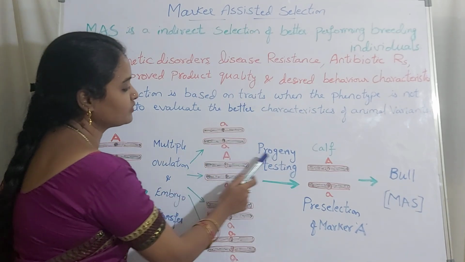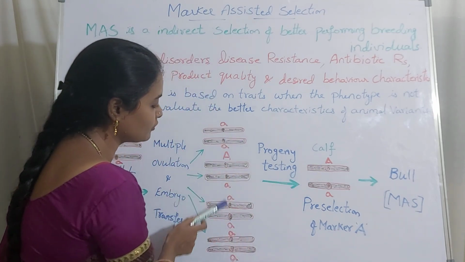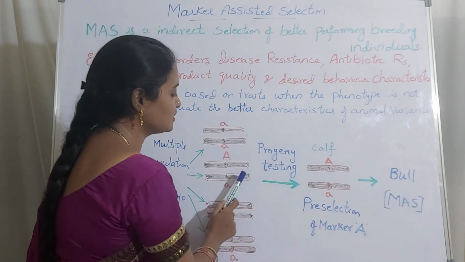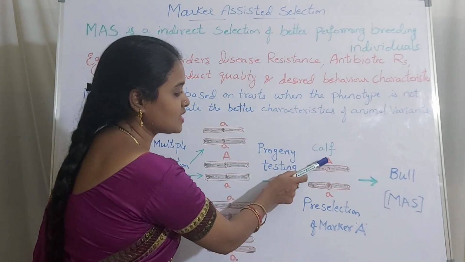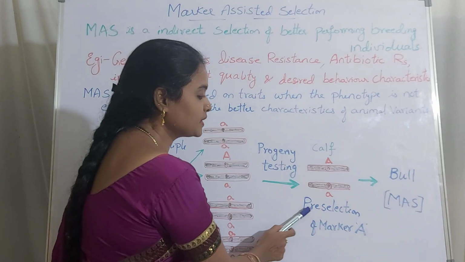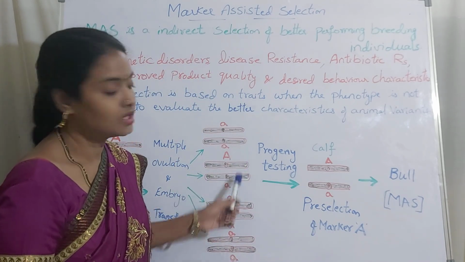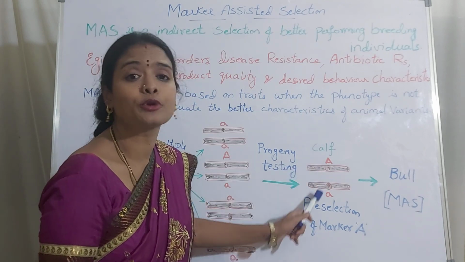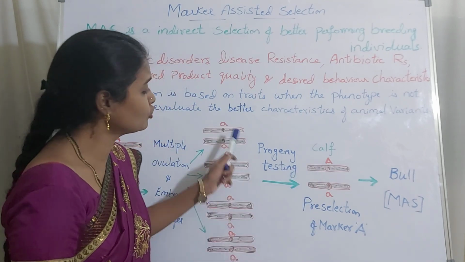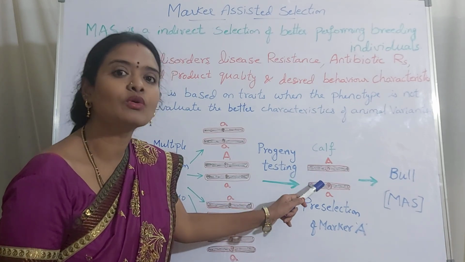After progeny testing, out of all 4 calves you have separated this second calf as it has the capital A marker. So here it is pre-selection of marker A in the progeny. Out of all progeny, only 1 calf had these superior quality genes.